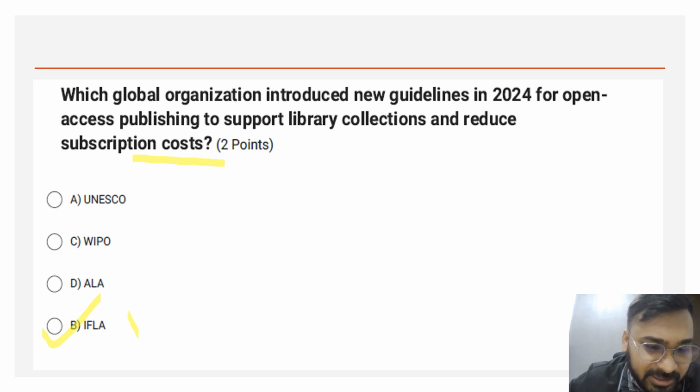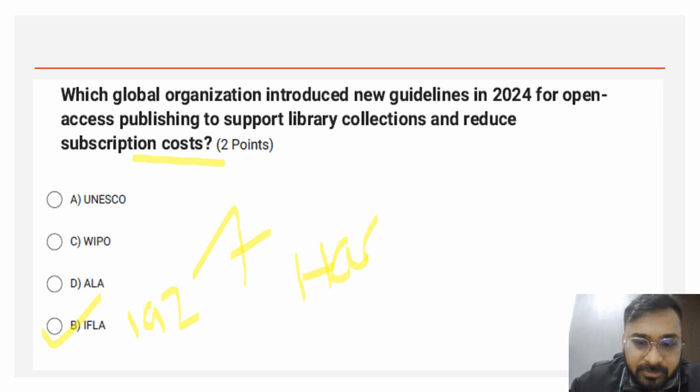It was established on 30th September 1927. And where is the headquarters? It is in The Hague.